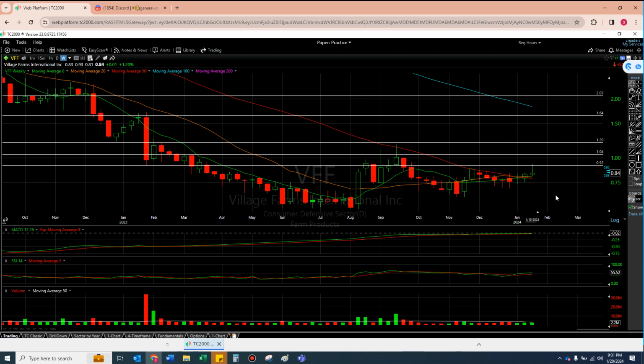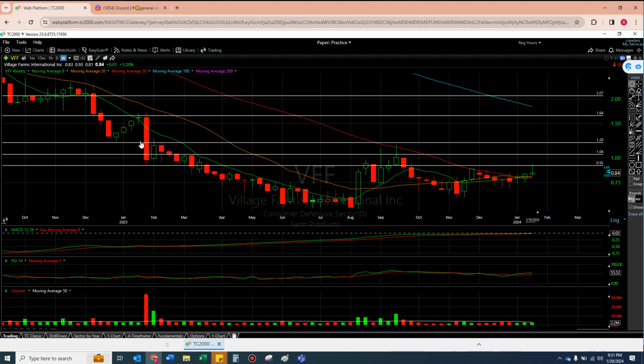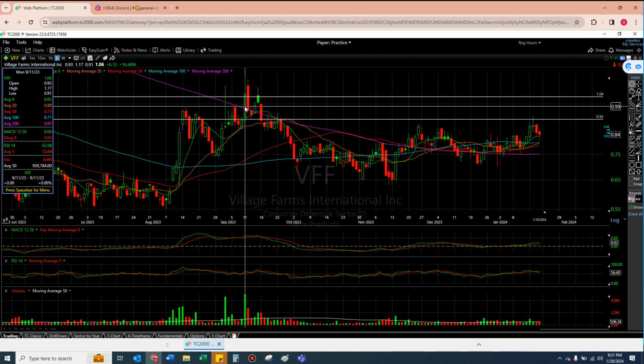This thing is a couple candles away from taking off. And as I'm looking at this, a dollar 04 is the magic line. You can argue maybe it's 97 cents. Where is 97 cents? Half of that's 99.